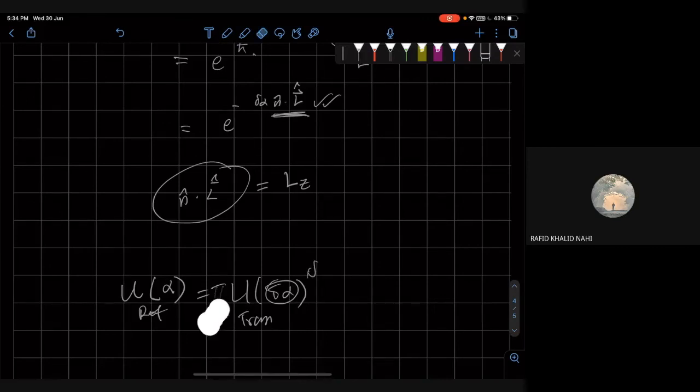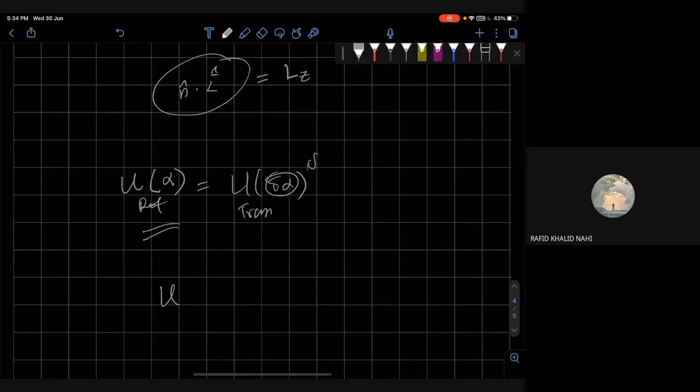So then we get a finite angle rotation. U(alpha) rotation is going to be e to the power minus i alpha, and then n dot L. And this is the rotation operator.